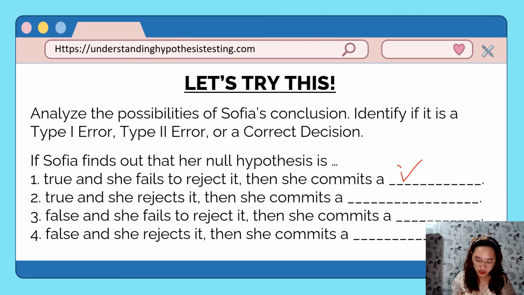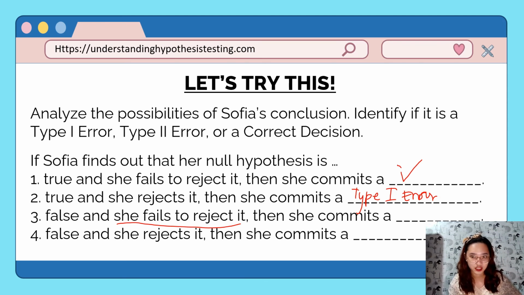That means that will be our type 1 error. Okay? And next, the null hypothesis is false and she fails to reject it. So, she did not reject the false null hypothesis. That means it is also an error. Type 2 error. And of course, the last one, the false null hypothesis was rejected by her, which means that is a correct decision. Okay? Next example.